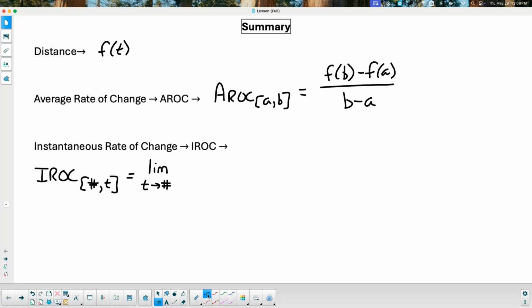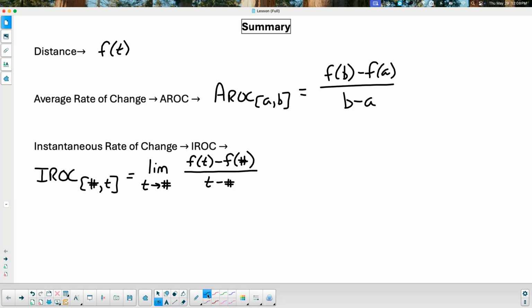And we said then that this was f of t minus f of that number all divided by t minus that number. And we used that because we only did one per problem kind of a deal.